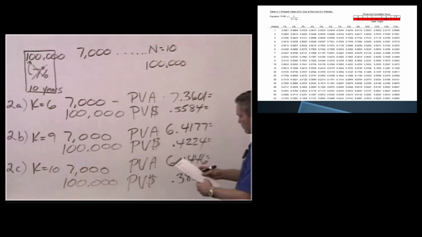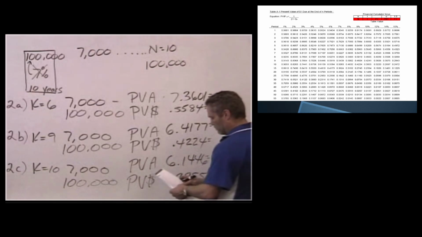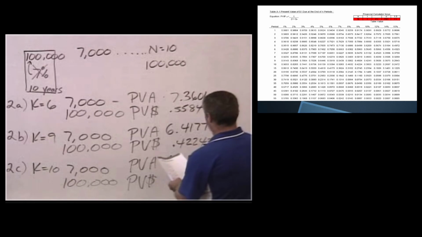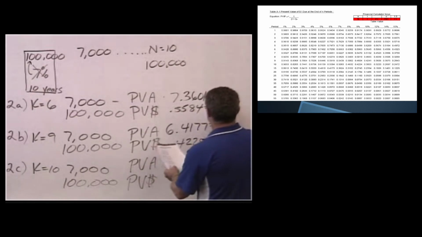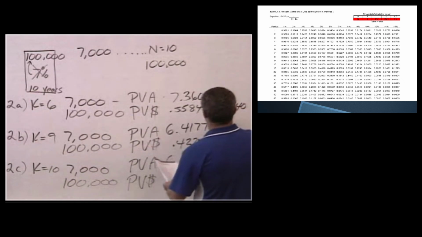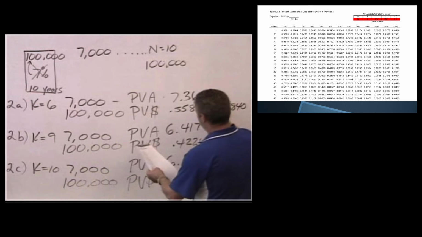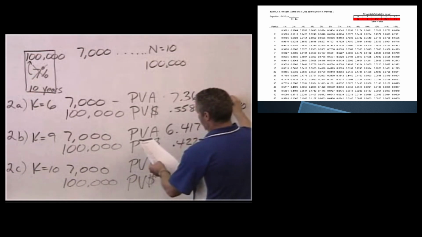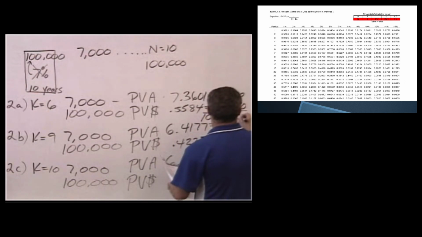All right. So we're going to get, on the first one, on the lump sum, $55,840, and on our annuity, $51,520, for a total value of $107,360.